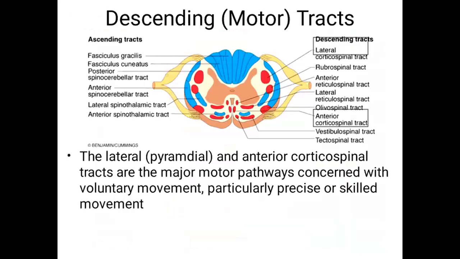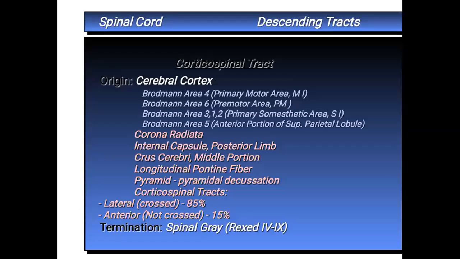In the lower part of the medulla, as I told, 80 to 85% of fibers cross to the opposite side and descend as the lateral corticospinal tract or crossed pyramidal tract, whereas 15 to 20% of fibers do not cross and enter the anterior white column, and they are called the anterior corticospinal tract.